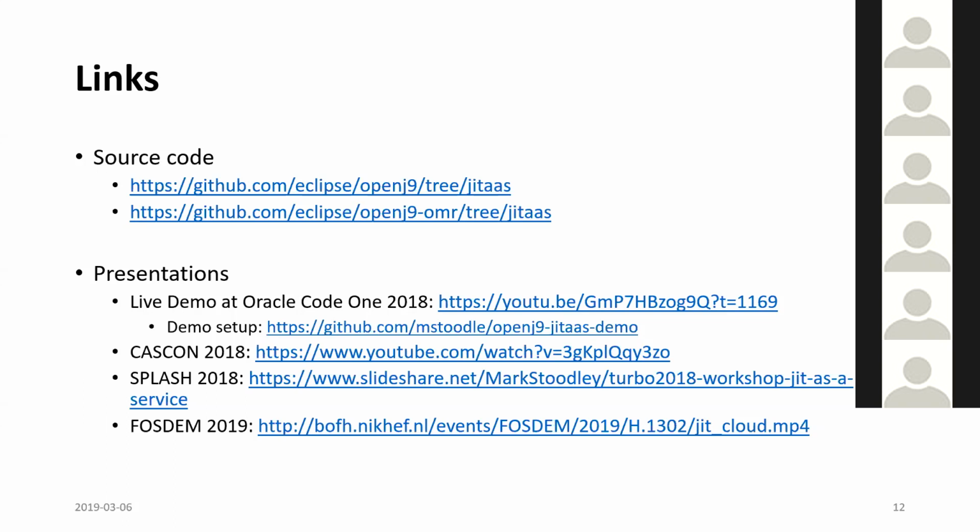So if anyone wants to learn more about JIT as a service, or just ask questions to the people who are working on it, I think the best way would be to reach out on the general Slack channel in the OpenJ9 instance. And if we start getting a lot of traffic there, and maybe even if not, it's probably worthwhile having us create a channel dedicated to the JIT as a service work, so we can have more discussion around this in the open.